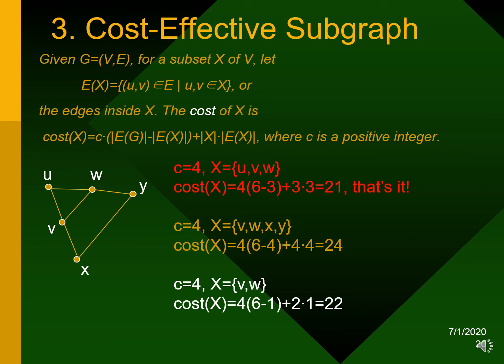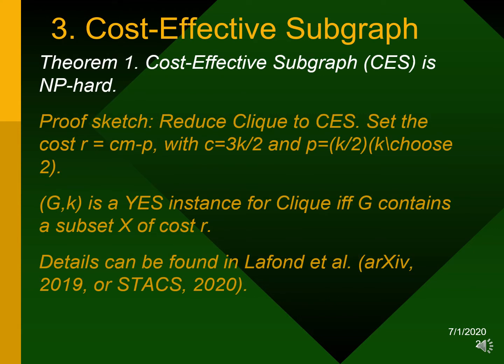So this gives you in fact some basic ideas about showing the CES problem to be NP-hard. In fact, we just reduce clique to CES. R equals C times M, where M is the number of edges in G. C and P are parameters. We set C as 3k/2 and P as k/2 times k choose 2.